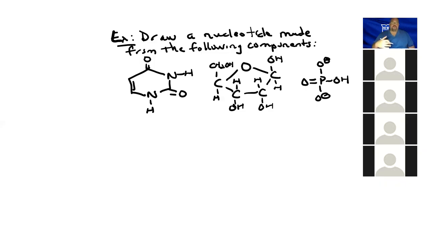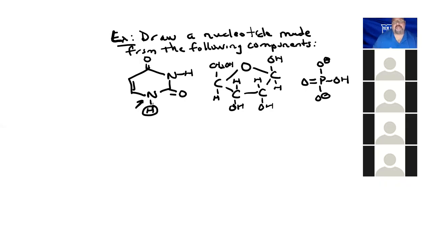That would be removed when the base becomes connected to the sugar. Again, you don't have to memorize or know what the name of this nitrogenous base is, but if you look at its structure, you need to remember that the nitrogen that's going to become connected to the sugar is this nitrogen right here. And it's going to be this hydrogen here that's going to be removed.